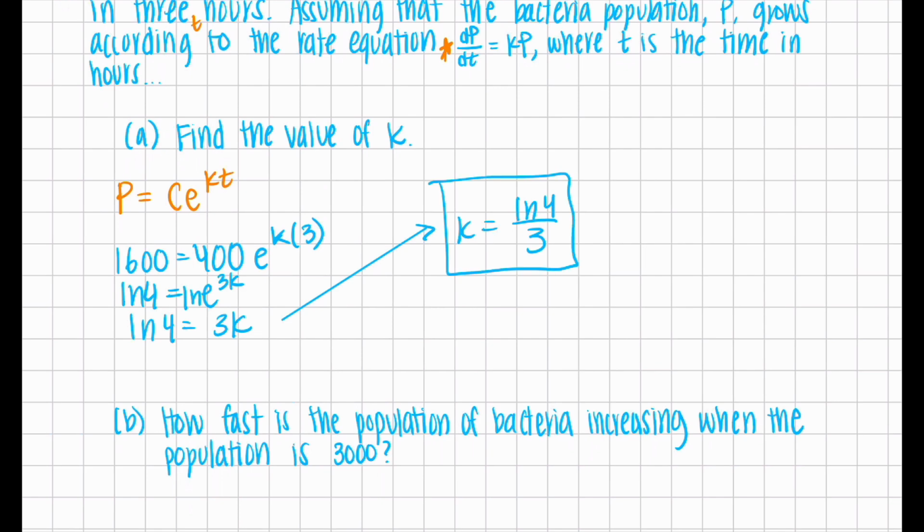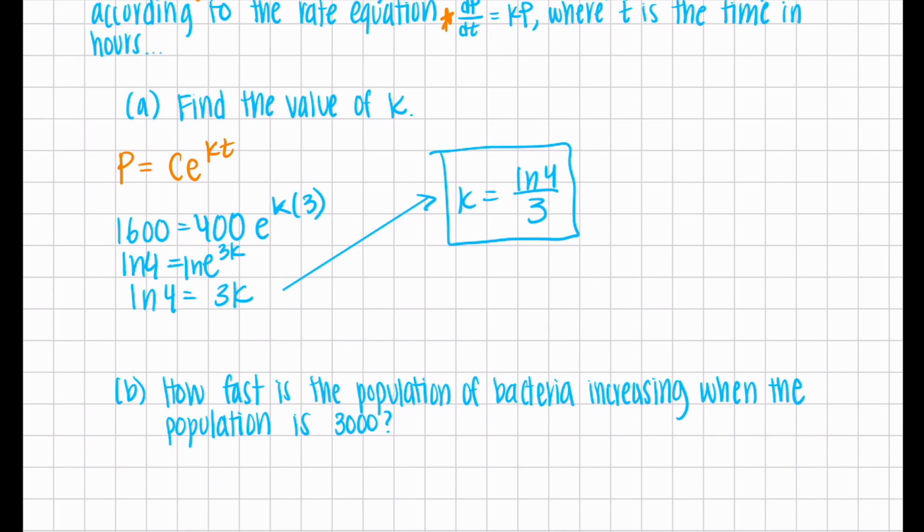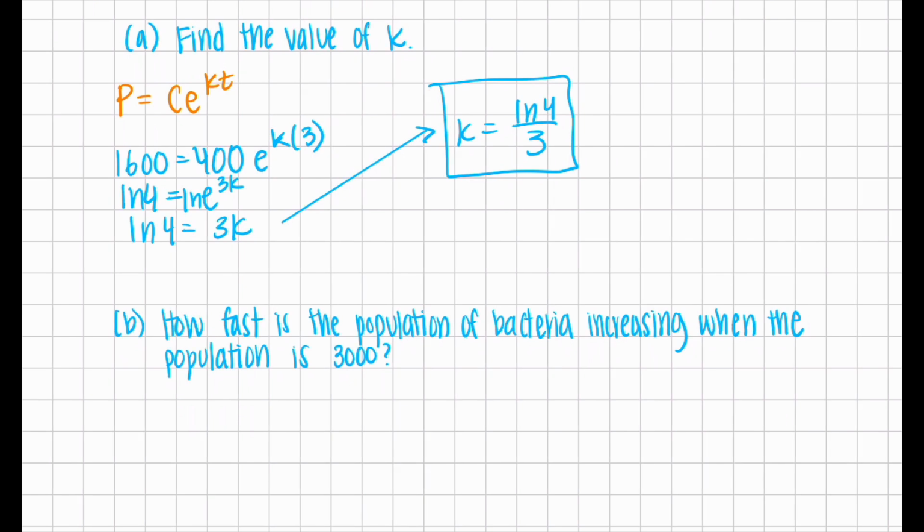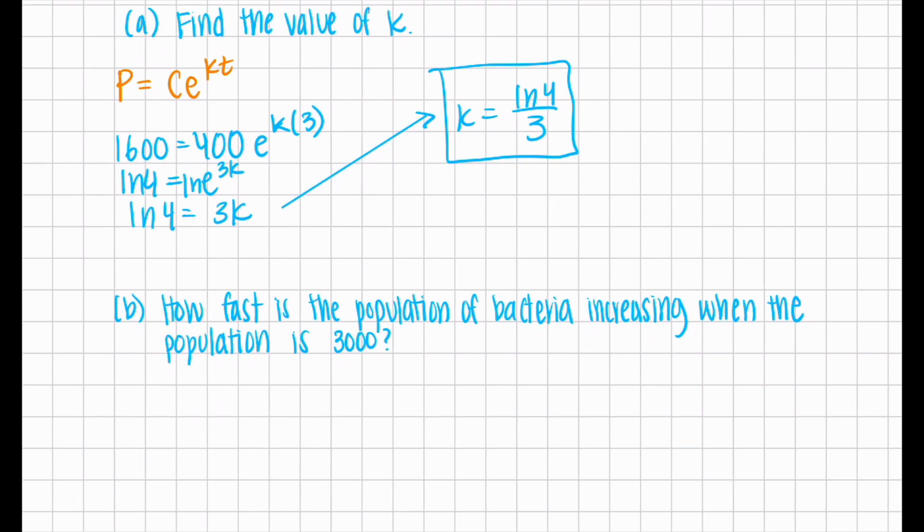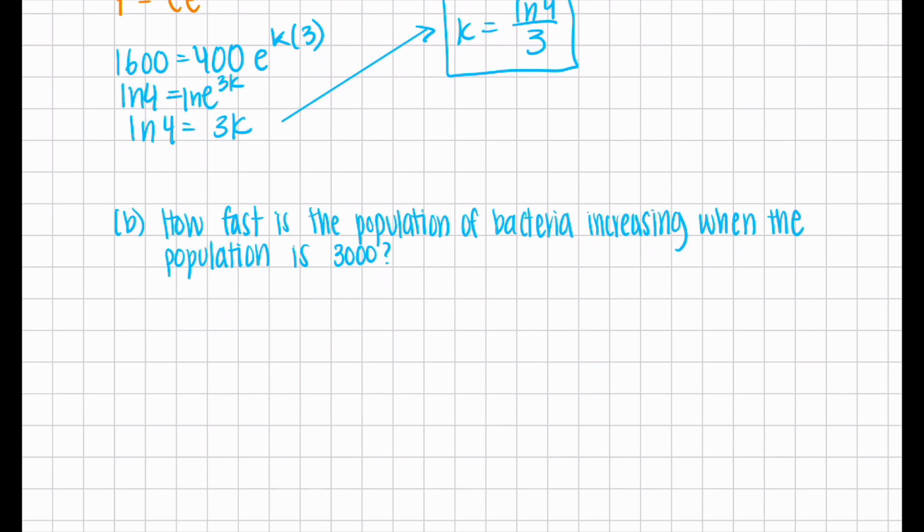Part B, how fast is the population of bacteria increasing when the population is 3,000? So I want you to notice they're talking about a rate of change right here. So they're asking for the value of dP/dt. So we know that dP/dt equals K times P, and we figured out what K equals.